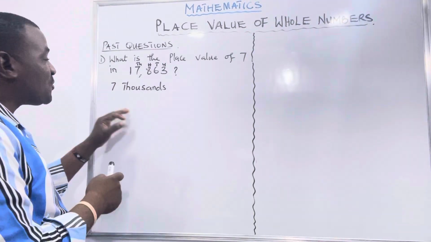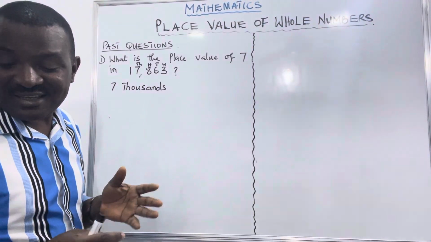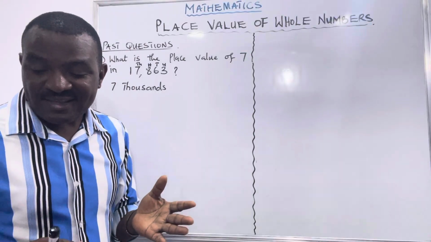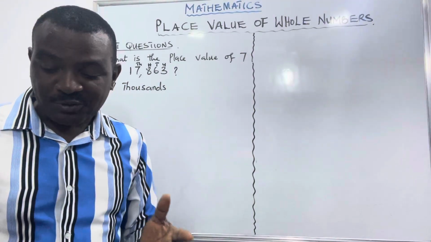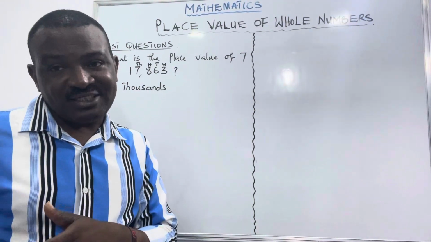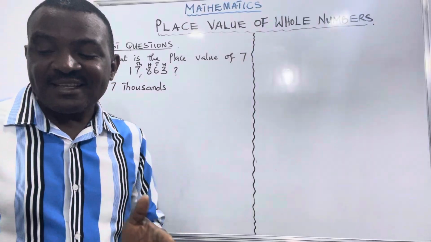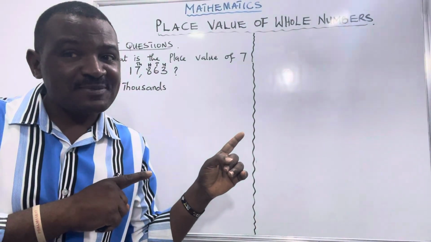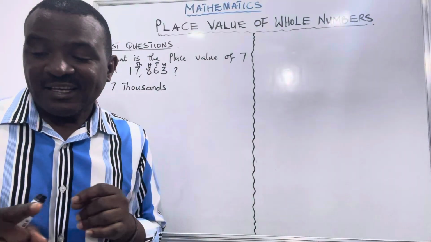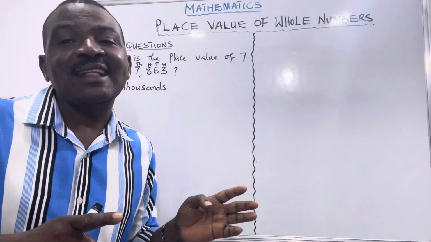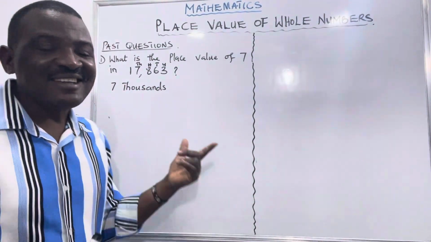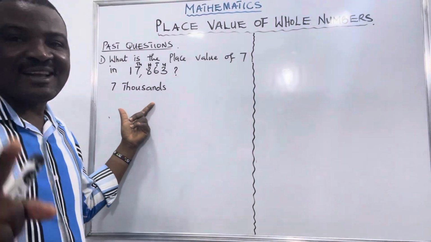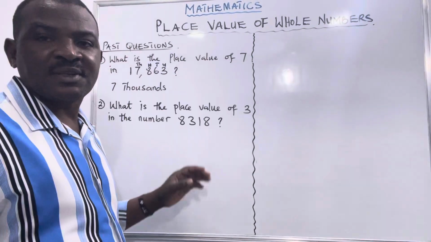Okay, so in option A you have 7,000s. Option B here says 700s. Option C here says 7,000. That is the place value of decimal number we are going to do in the next video. Option D says 10,000s. Which one is the answer? 7,000.